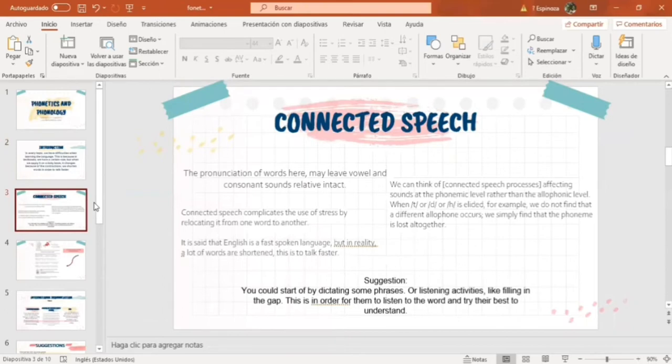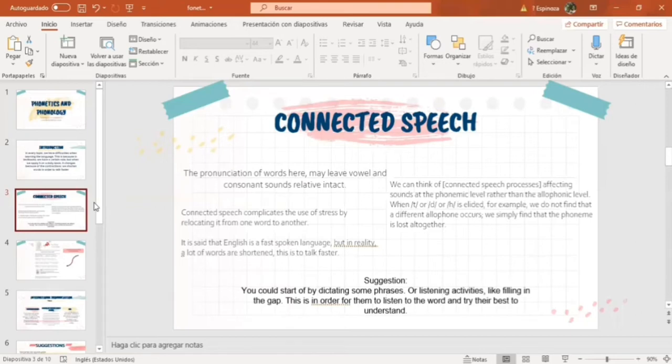Connected speech, the pronunciation of words here may leave vowel and consonant sound relatively intact. Connected speech complicates the use of words by linking from one word to another.